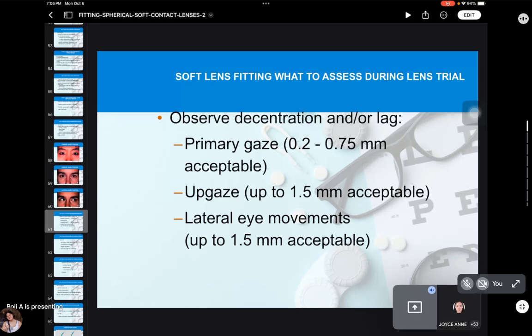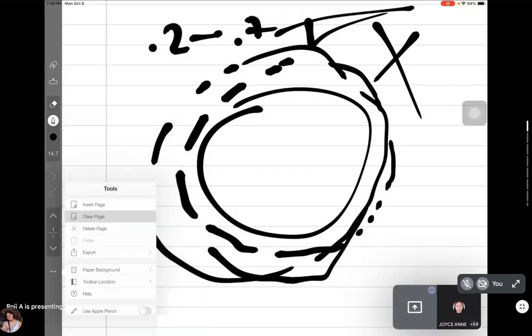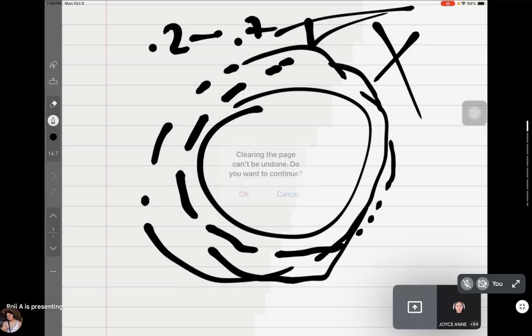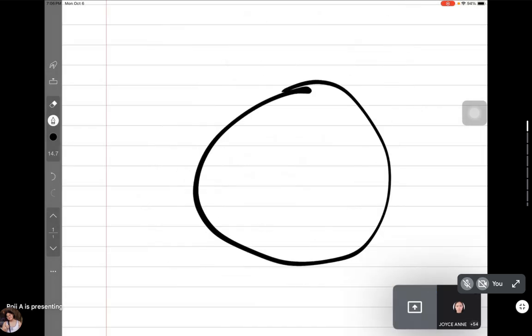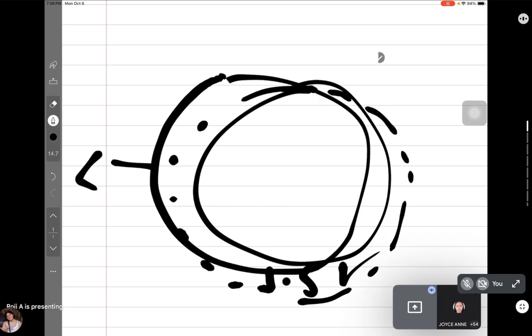Okay. Up gaze and lateral gaze. Only one number I'm looking at. As simple as this. When looking up, I will create a lag. The contact lens did not follow. As long as it's 1.5, it's okay. Looking to the left, this will be my cornea.